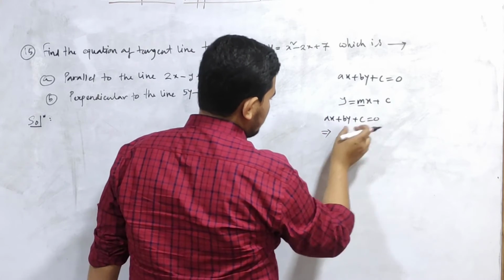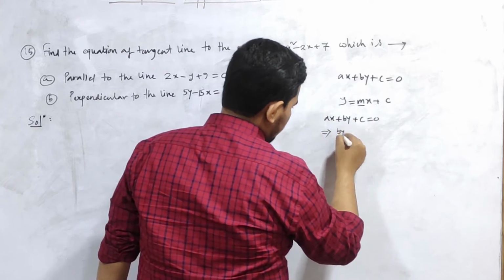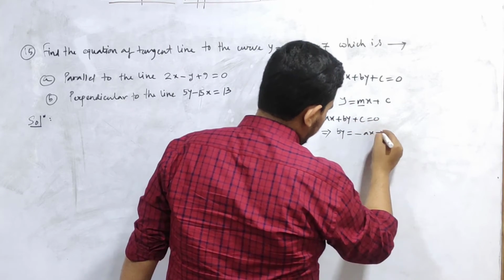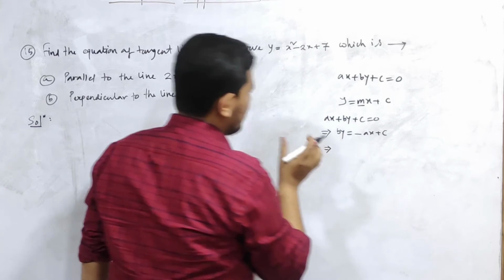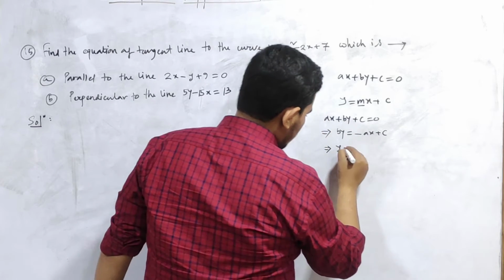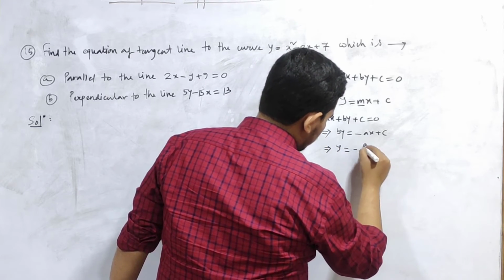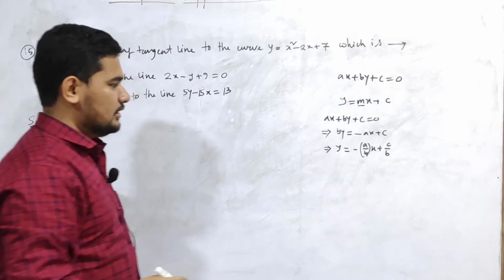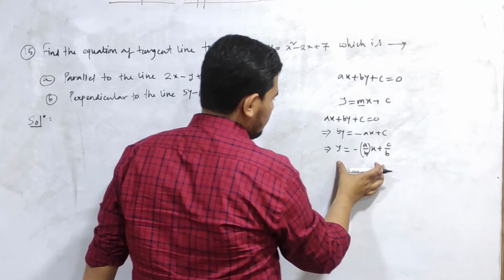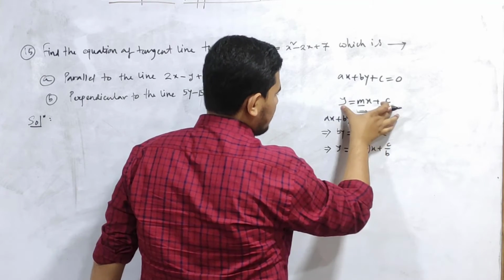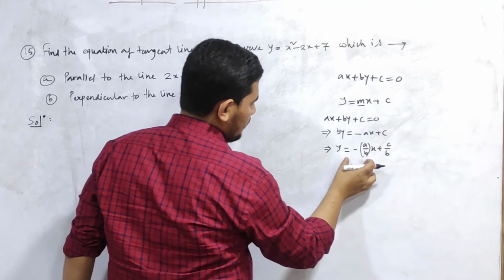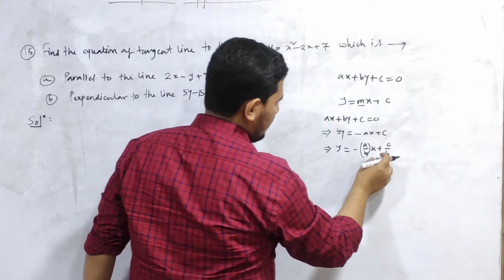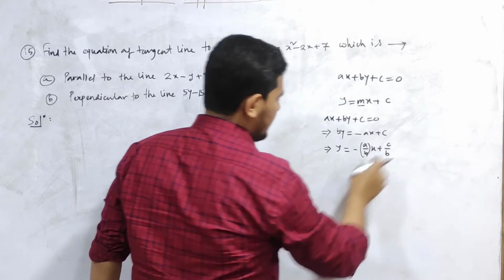So what I need to do is take the by term on the left side and take the ax plus c term on the right side. Now to get y, I need to divide by b on both sides. So here you can see that this is all in the same form as y equal to mx plus c, where minus of a by b is the slope of that line and minus c by b is the intercept.